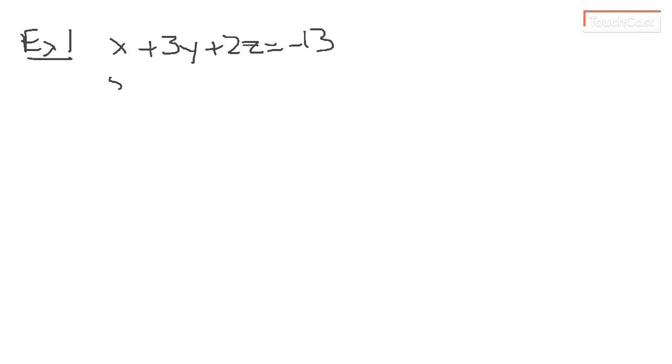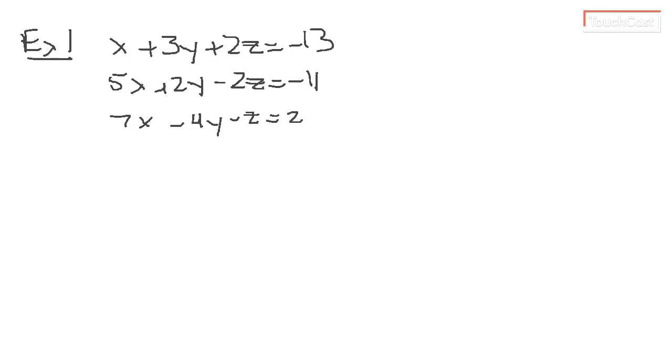The second equation is 5x plus 2y minus 2z equals negative 11. And then we've got 7x minus 4y minus z equals 29.